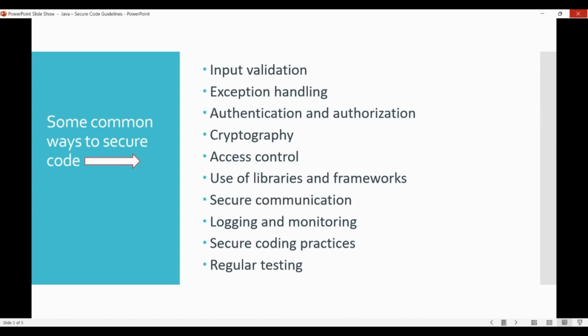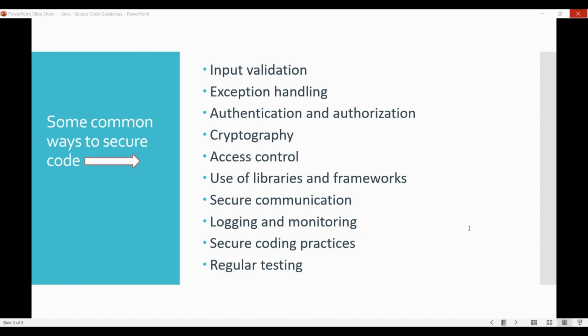So, what are these common ways to secure the code? The first one is the very basic one, and that is input validation. That is verifying that all input is valid and meets the expected format and constraints. This can help prevent attacks like SQL injection and cross site scripting.